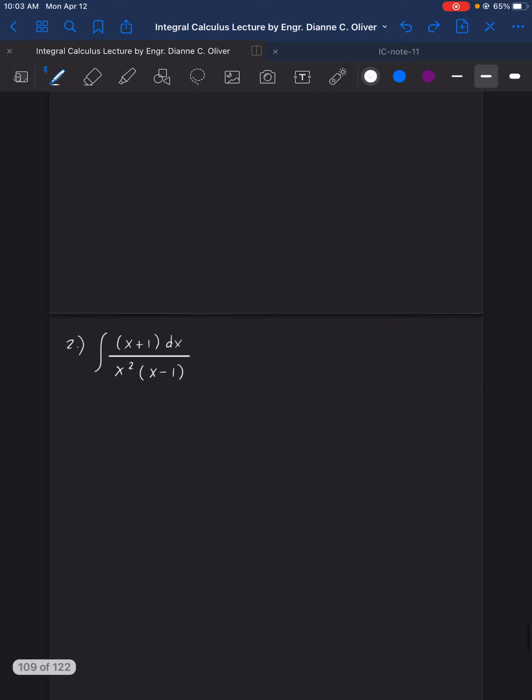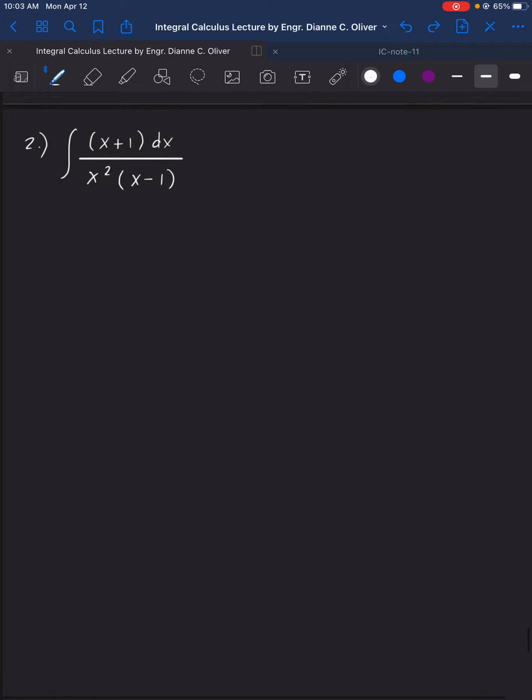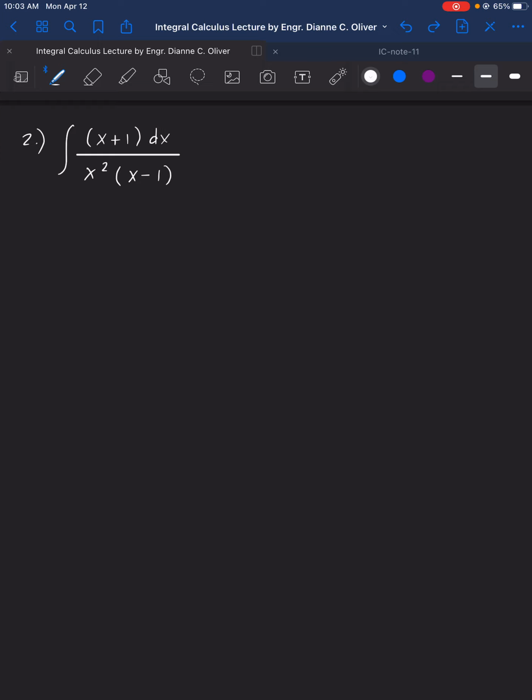Okay, for number 2. For number 2, we have the integral of (x plus 1) dx over x squared times (x minus 1). So this is repeated again because of this part here.